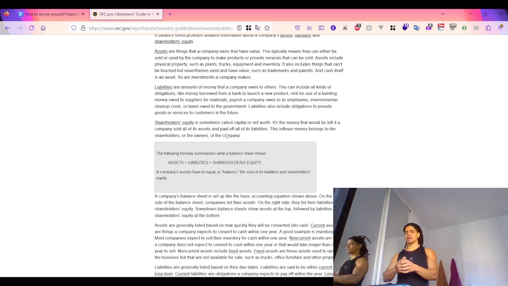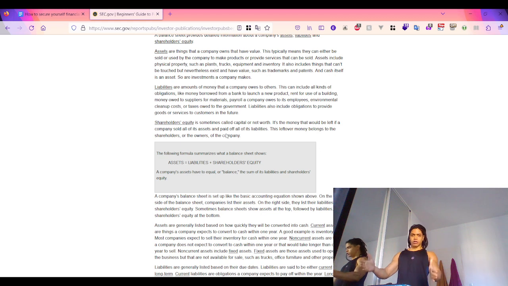As well as the shareholders' equity, which is the total amount of money that the owners of the company invest in the company's assets, plus or minus earnings or losses since inception.